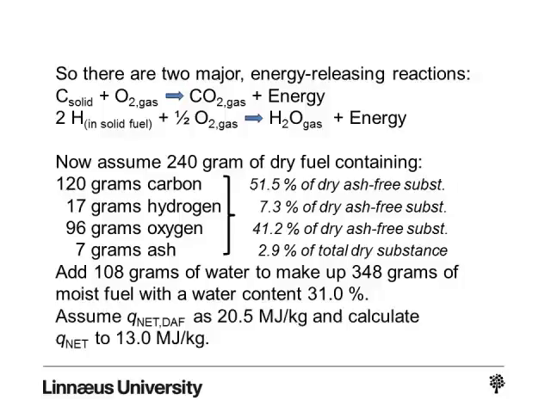But now we also assume that the net heating value for the dry ash-free substance is 20.5 megajoules per kilo. And using the ash content and the water content, we can then calculate the net heating value for the real wet fuel to 13.0 megajoules per kilo.